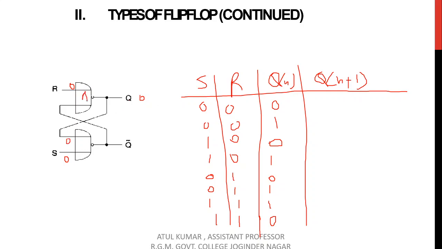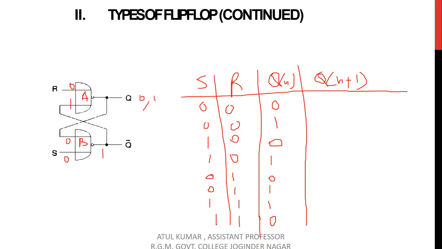Suppose the first NOR gate is A and the second NOR gate is B. Q is equal to 0, so 0 0 is applied to the second NOR gate B, and the output of this is 1, because the NOR gate is a combination of OR and NOT. When we OR 0 0, it becomes 0, and the complement of 0 is 1. So 1 is given as an input to the first NOR gate A. 1 and 0 are the inputs, so the NOR gate output here is 0.